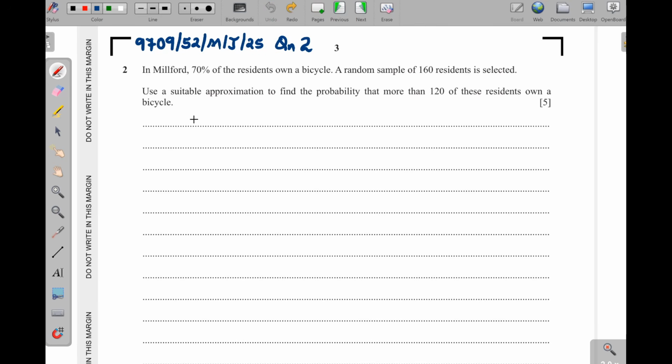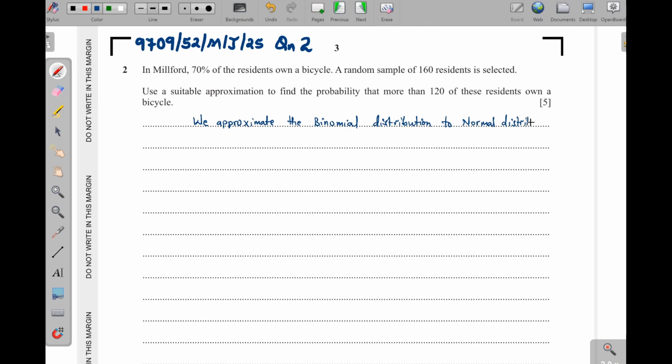Okay, we approximate the binomial distribution to normal distribution.